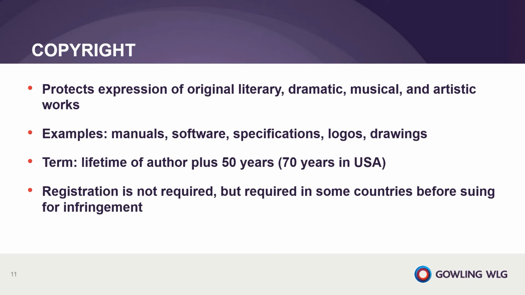The term in the USA is the lifetime of the author plus 70 years. Canada will soon be adopting a lifetime plus 70-year term to meet its obligations under the United States-Mexico-Canada Agreement signed in 2018. Copyright is automatic, meaning no registration is necessary, although registration may be required in some countries to initiate infringement proceedings.